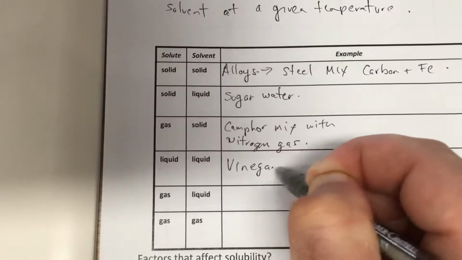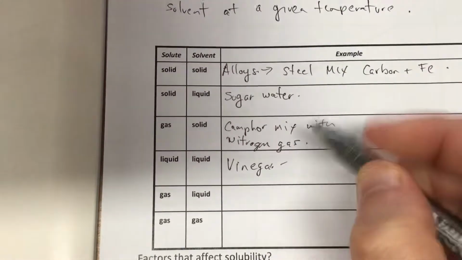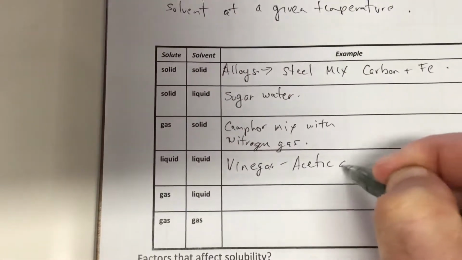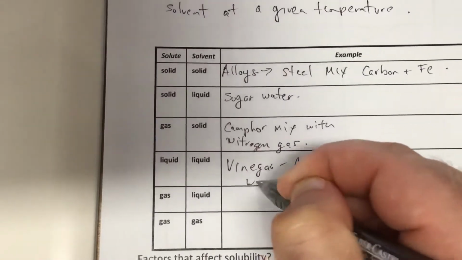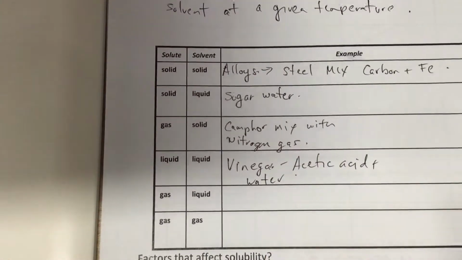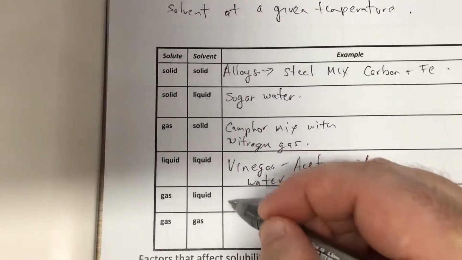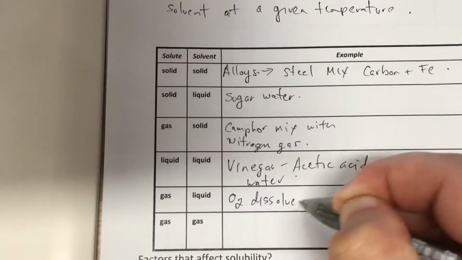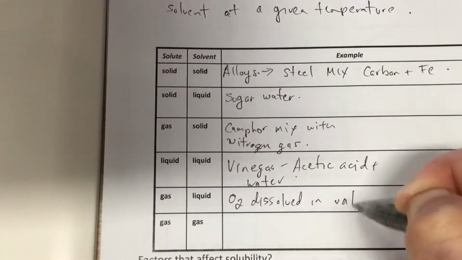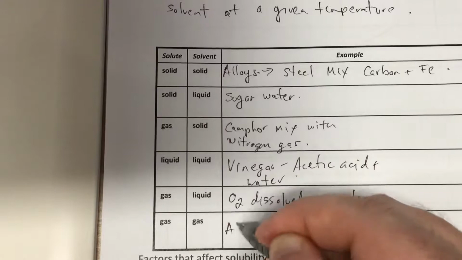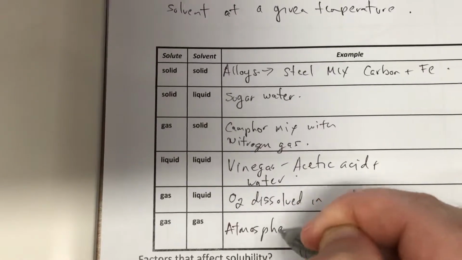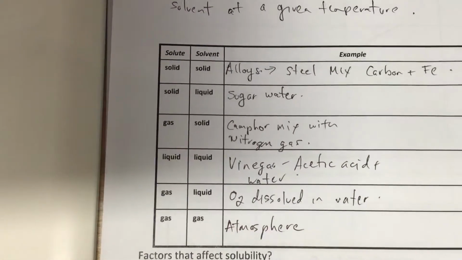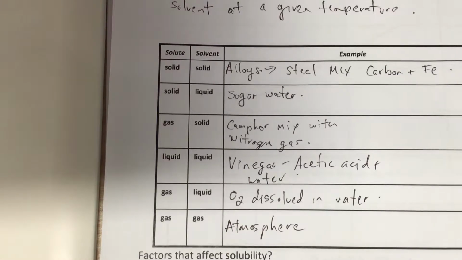Vinegar is a good example. Vinegar is acetic acid plus water. Gas liquid, this is like oxygen that's dissolved in water. Gas is like our atmosphere, what we're breathing in right now. We should be able to talk about each of those and give examples of the different kinds of solutions.